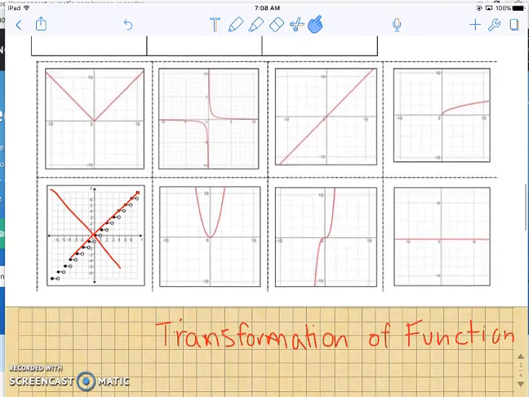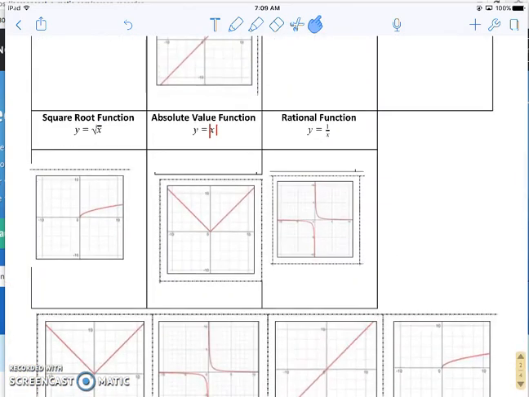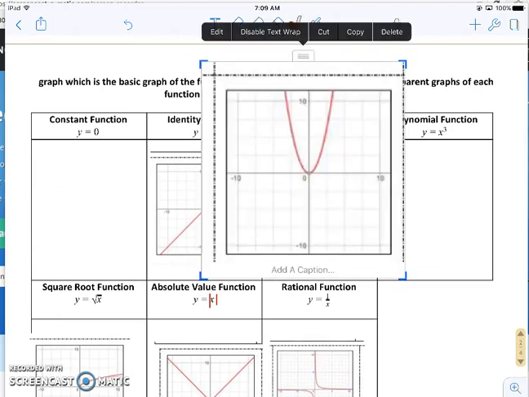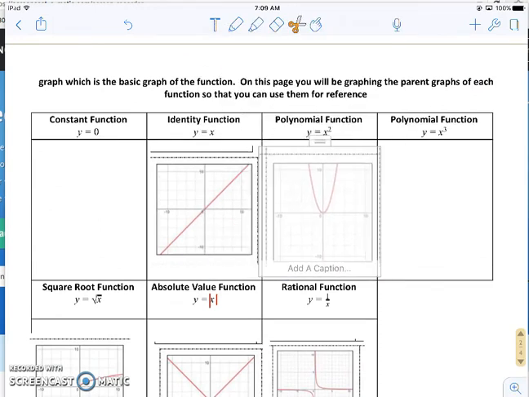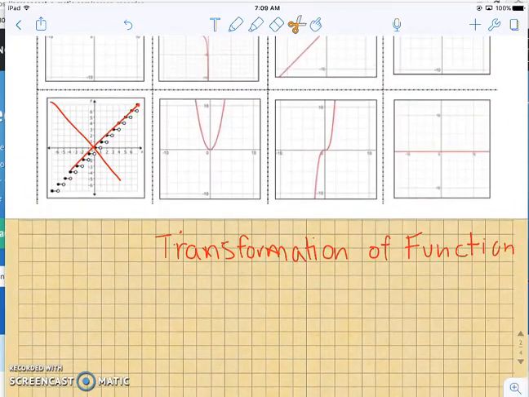We just have a couple left here. Hopefully we recognize this one is our parabola. So that is our x squared. Between the last two, this one must be x cubed.